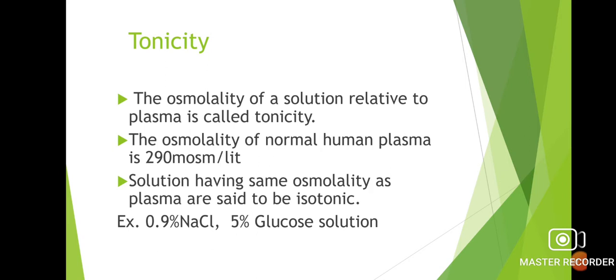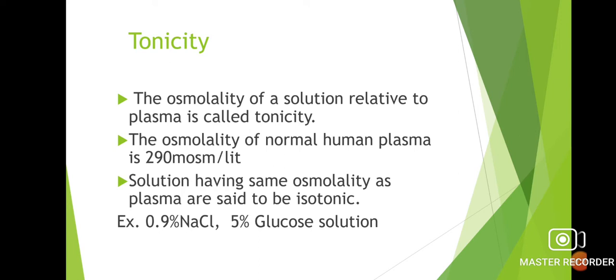Then tonicity, the osmolality of a solution relative to plasma is called tonicity. When we compare the osmolality of a solution to plasma, it will be called tonicity. The solution which has the same osmolality as plasma will be called isotonic to plasma.